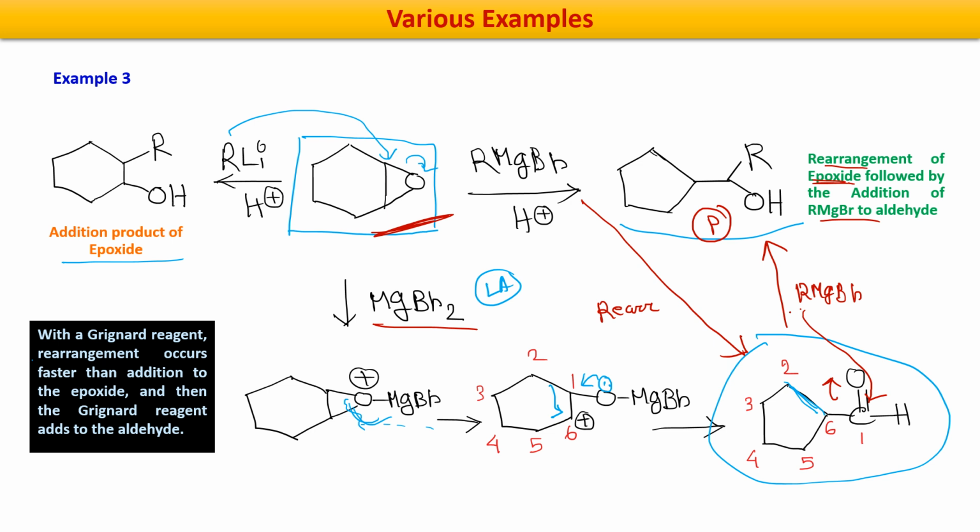So to understand the product of RMgBr, we have taken the clue of the reaction when it is occurring in presence of MgBr2. RMgBr will behave like MgBr2. It will give first the product that you are getting from MgBr2, but it will not stop here, because ultimately RMgBr will attack the carbonyl carbon of this aldehyde, and you will get the addition product.